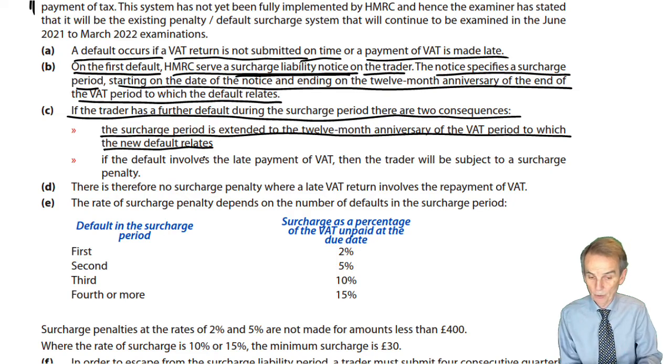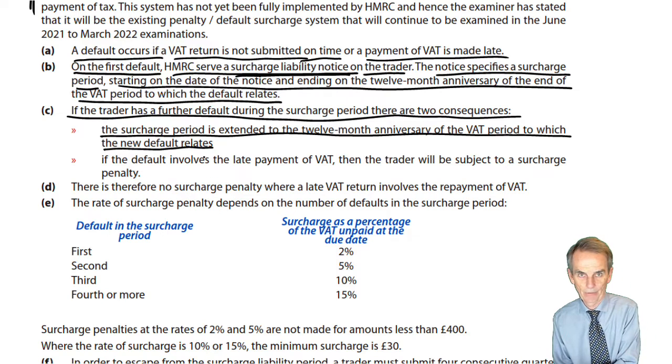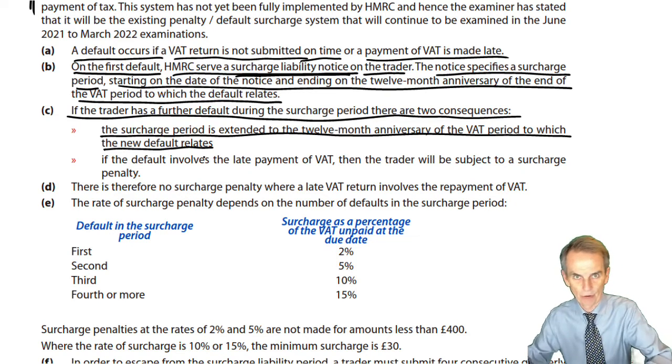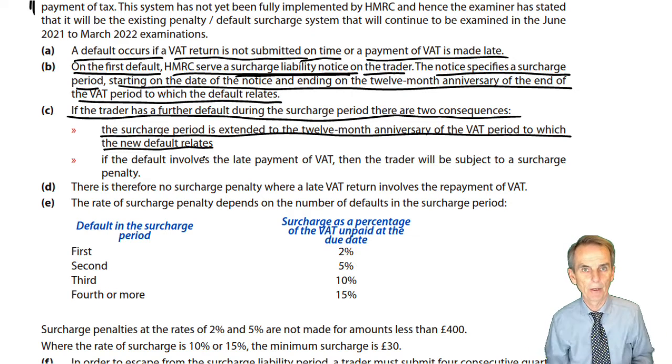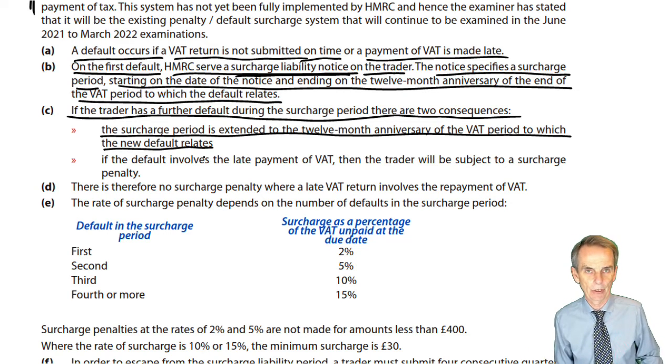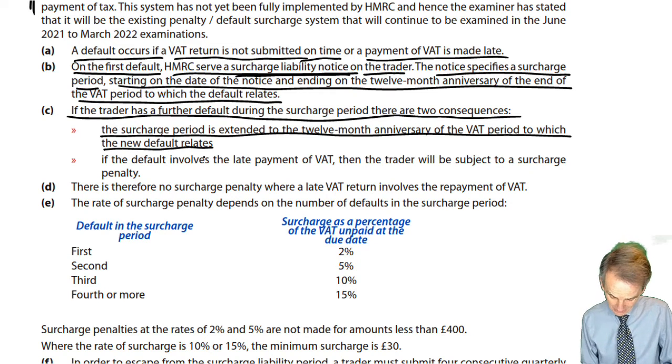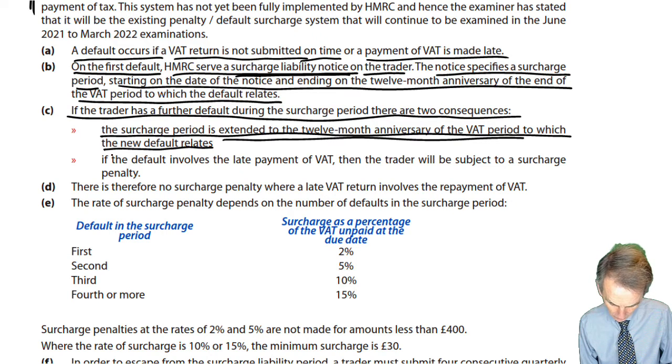You were okay in the first one, okay in the second one, then the third one after that, you got it wrong and you submit late. Another default arises within the 12-month surcharge period, and because of that, they start the clock again from the next return period. So it's another 12 months from the end of that third return period. That starts the clock all over again.